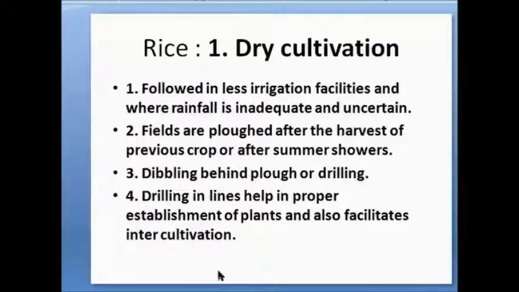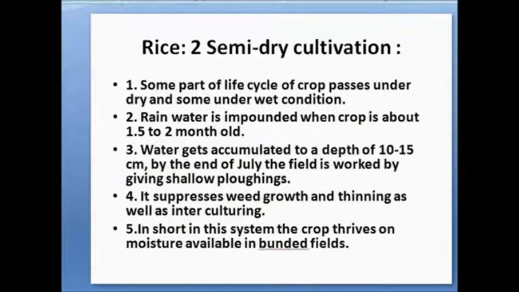Second method, that is the semi dry cultivation. This is used where some part of life of rice is under dry and some is under wet. Means whenever rainfall is not good and irrigation facilities are available, that we can give irrigation.